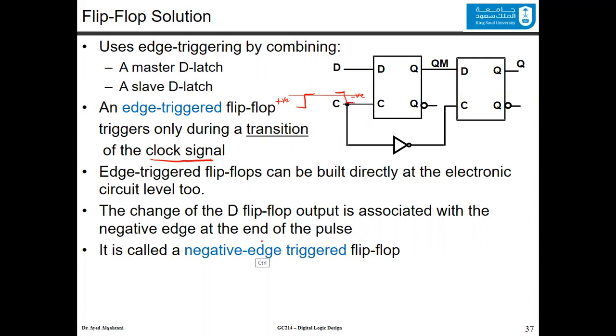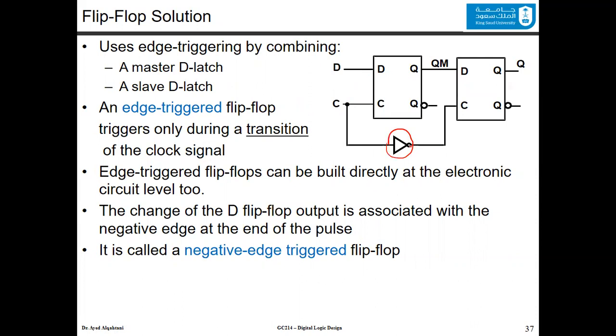Now, this circuit here will have one of these. The one that this circuit uses is the negative edge trigger. So whenever you have this transition, the D will be observed at the Q when you have this negative edge. To know whether the circuit is a negative edge or a positive edge directly, you can check the inverter here.